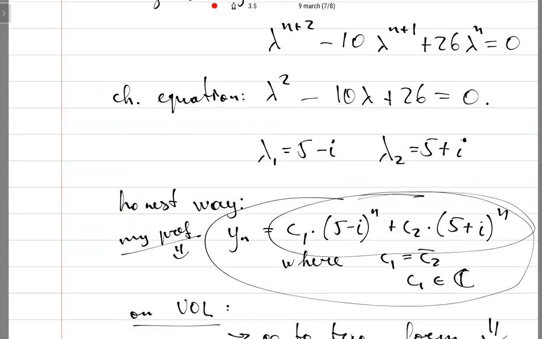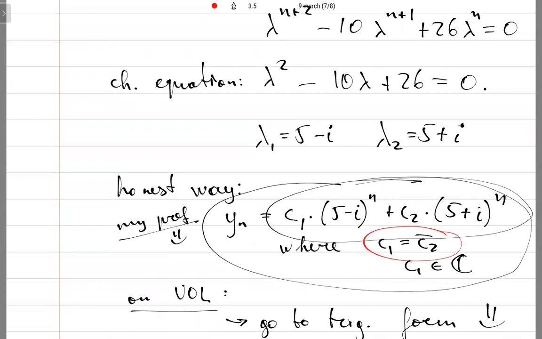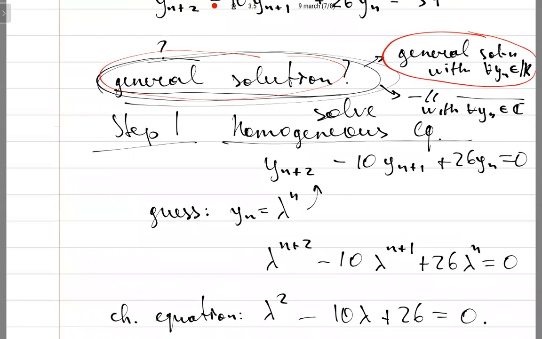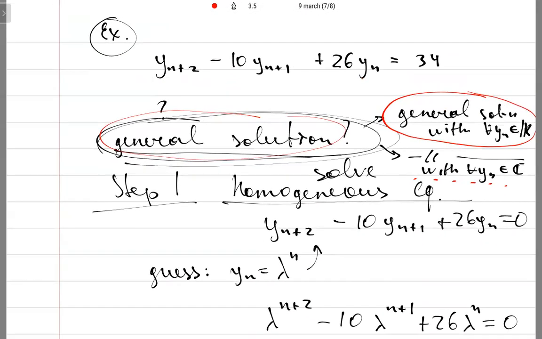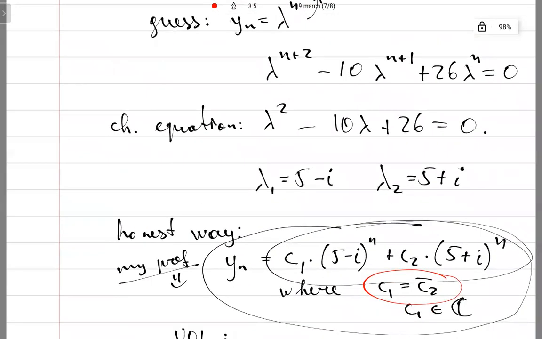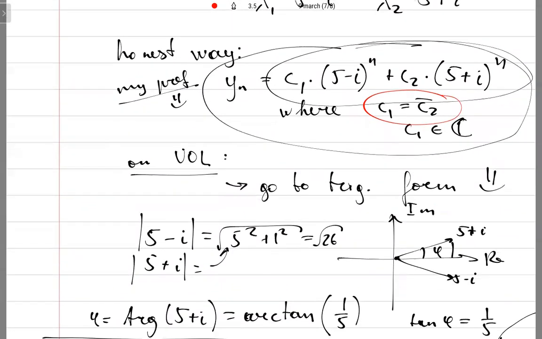In that case, I should add this condition to make the answer always real. If I'm searching for the solution of this equation where each y1, y2, y3 is allowed to be a complex number, then we have no such requirement in the answer.